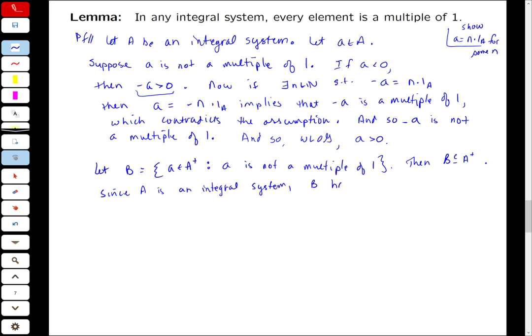B has a least element. Let me be very specific: B contains a least element. Call it, what do you want to call it?